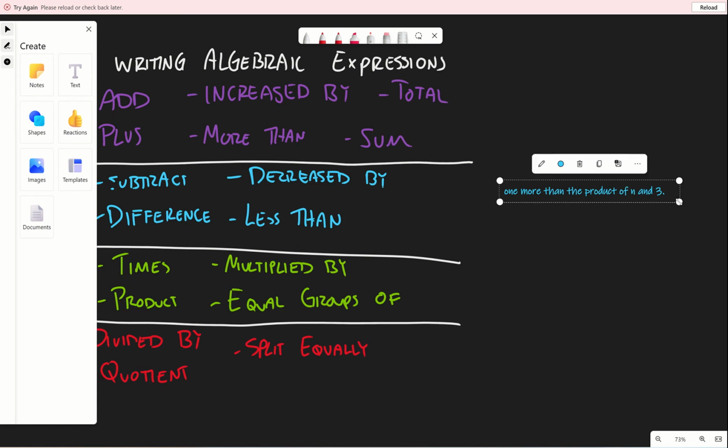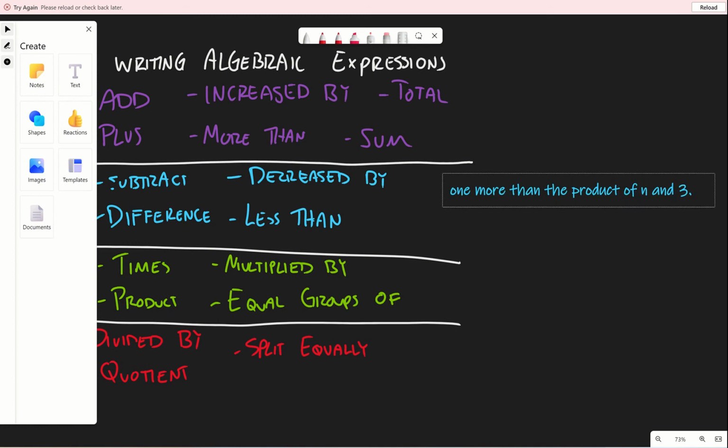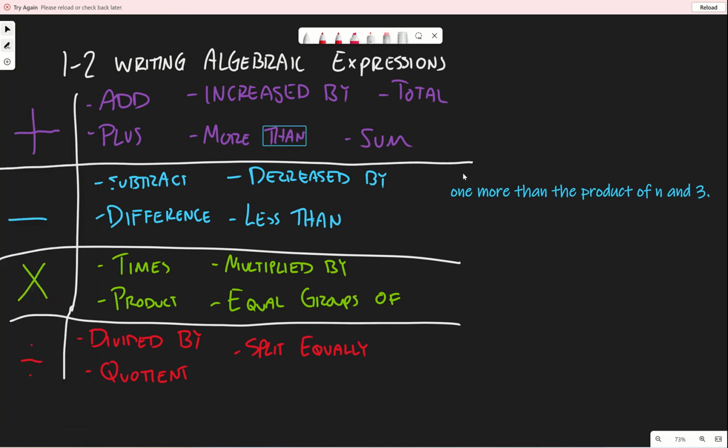This is an example of a problem we might see.